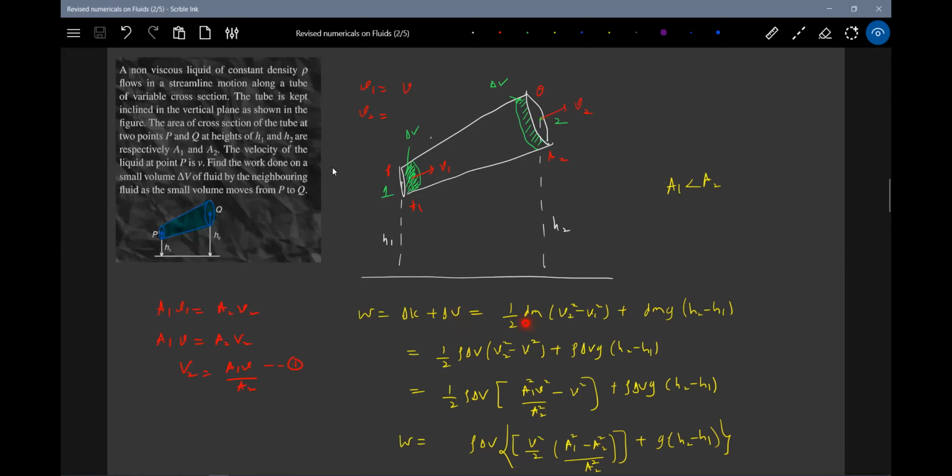The change in kinetic energy is half dm (v2 square minus v1 square), where dm is the mass of the elemental volume. The increase in gravitational potential is dmg (h2 minus h1). Replacing v1 and v2 and solving, we get the work done.